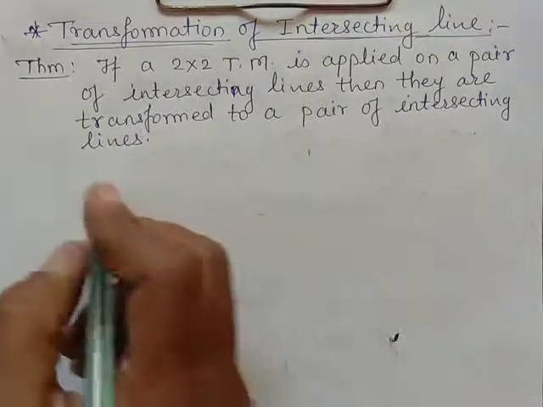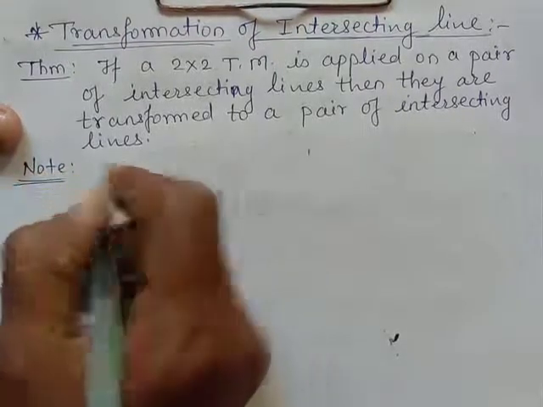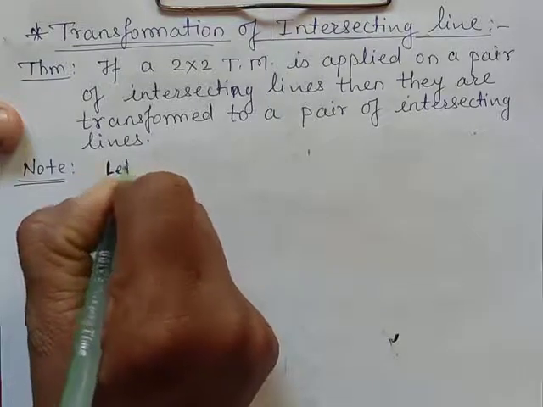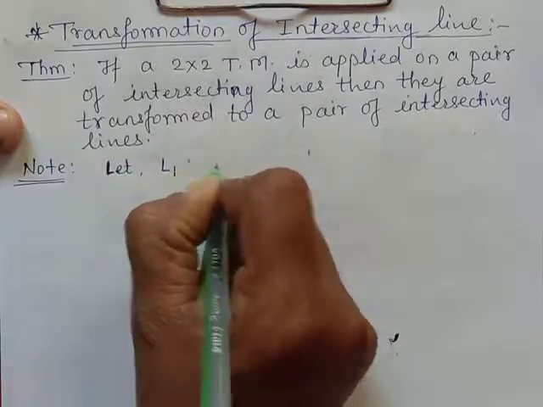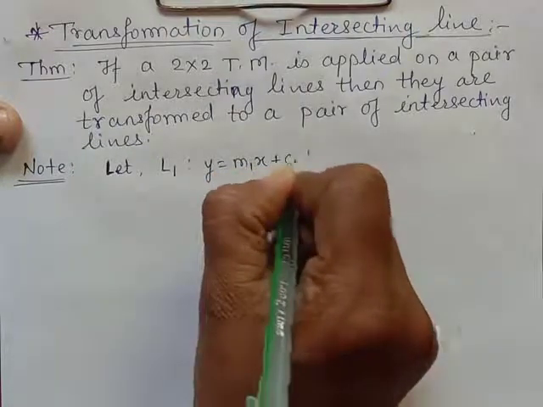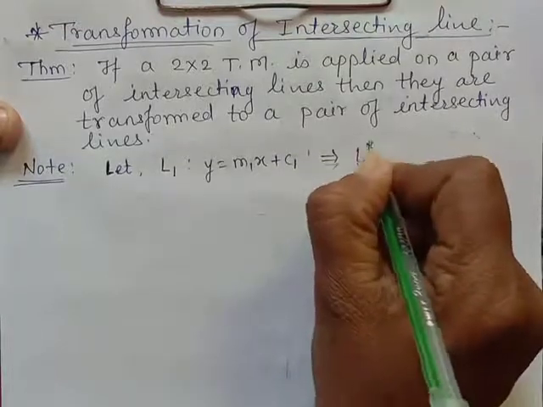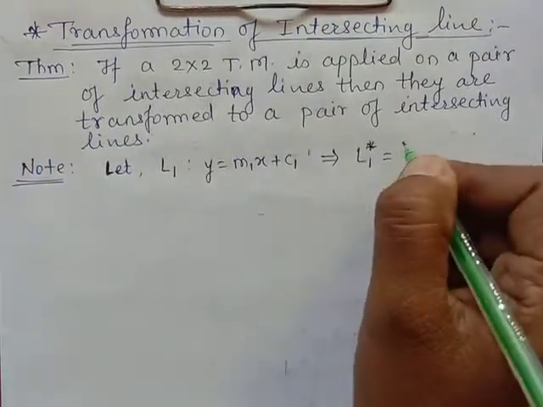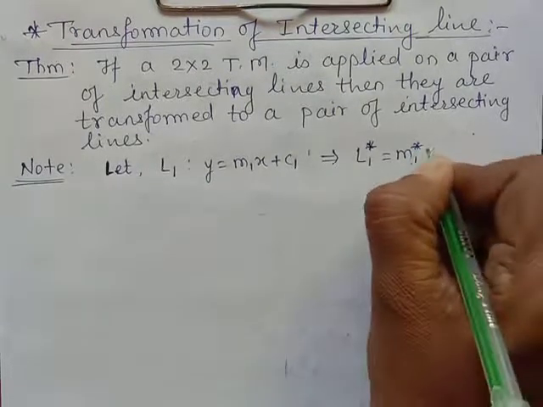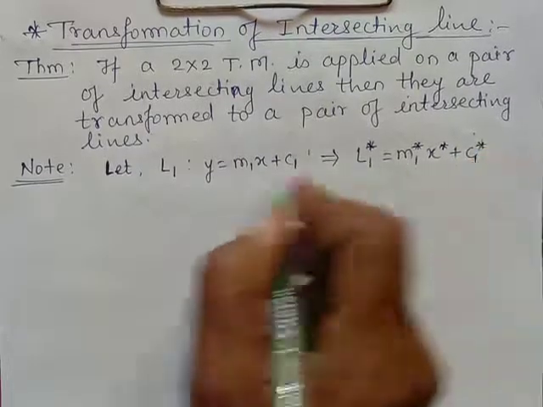Now here the note, suppose we have, let L1 be the line y is equal to m1 x plus c1, which will transform to L1 star, that is y star equals m1 star x star plus c1 star. Okay.